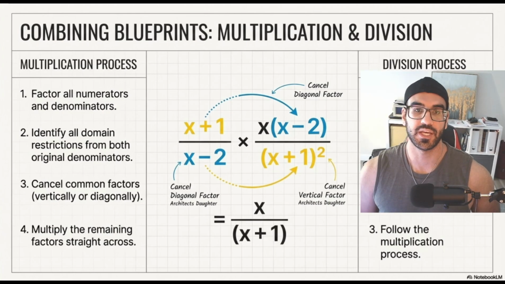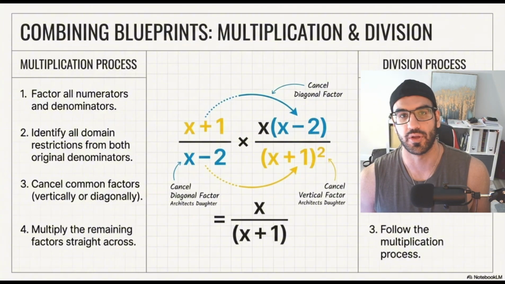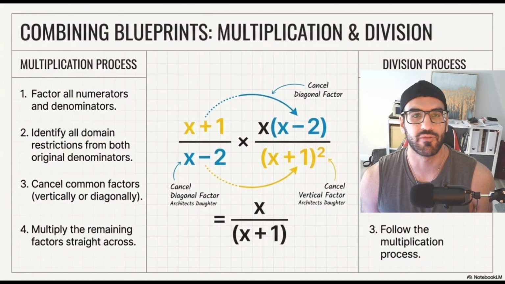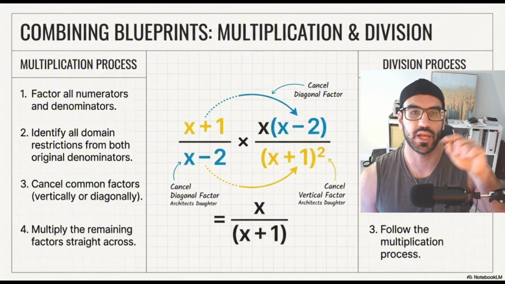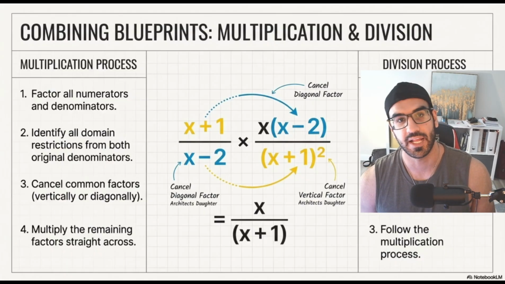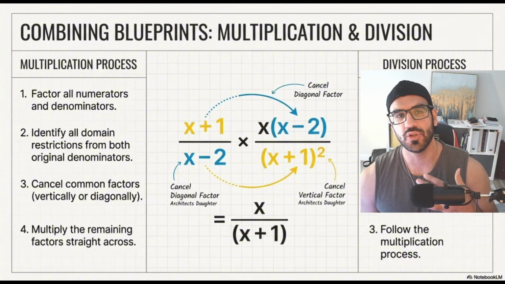So what about the multiplication and division of rational forms or polynomial forms? It is just like the way that we did before with numbers. If you remember, for example, if you have 2 over 3 times 4 over 5, the only thing you have to do is multiply the numerators together and multiply the denominators together, and you have your final answer. But at this point, since we are talking about simplification, it would be better to do it beforehand.